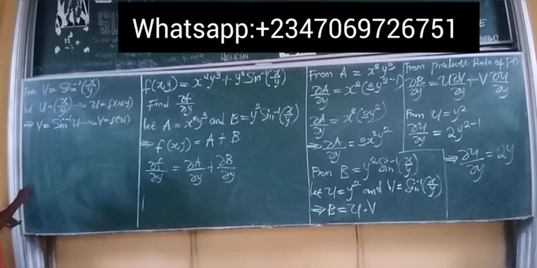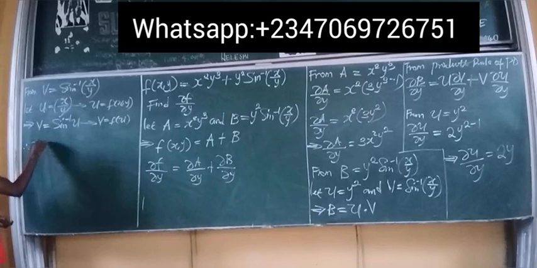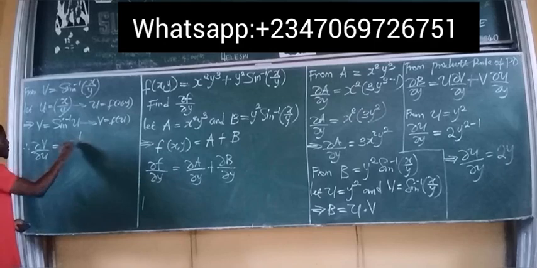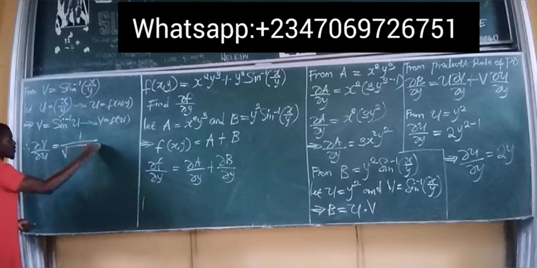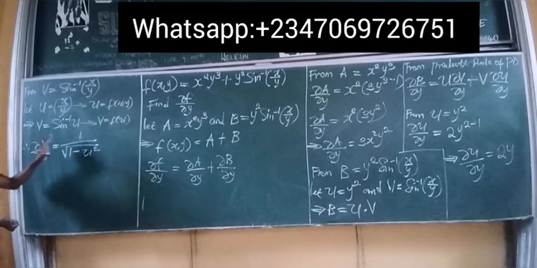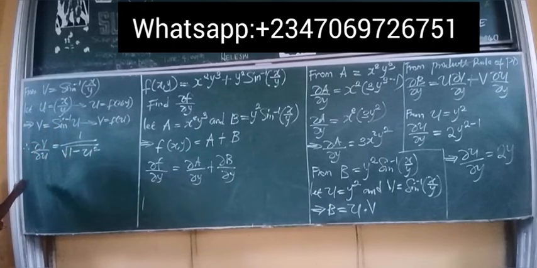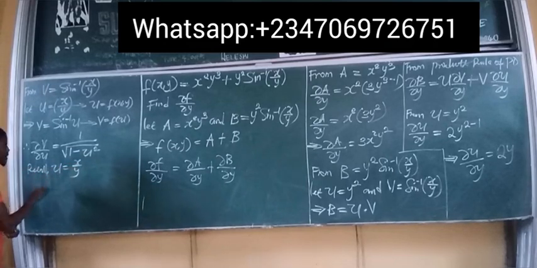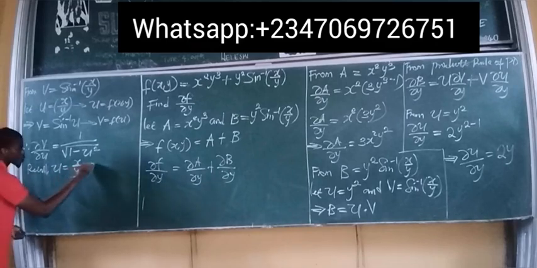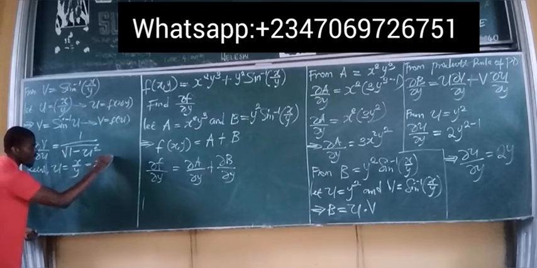Therefore, if I differentiate v partially with respect to u, I simply have 1 over the square root of 1 minus u squared, because this is inverse trigonometric differentiation, so the derivative of sine inverse of u becomes this. But remember, u is equal to x over y, which can also be written as x y to the power of minus 1.